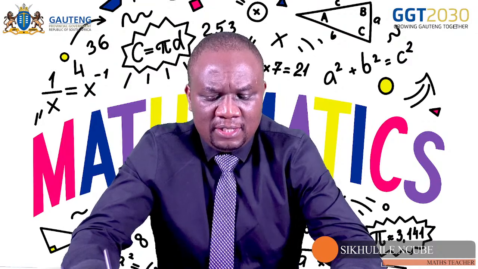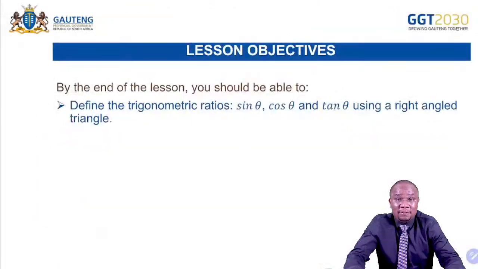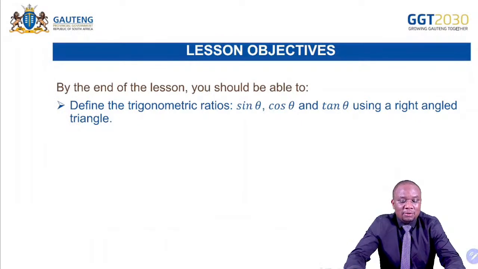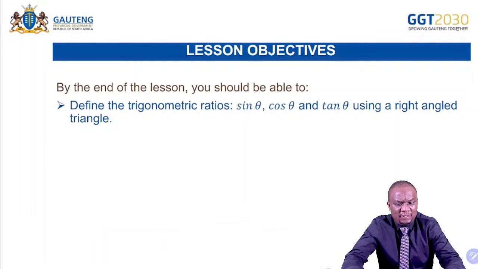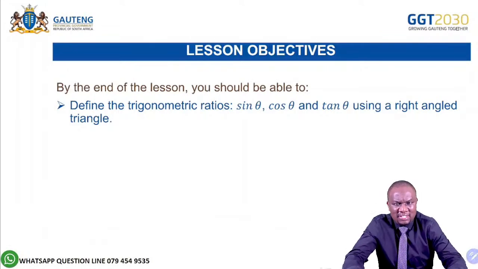Okay, right. Let's start our lesson. By the end of this lesson, grade 10s, we are going to define trigonometric ratios using a right-angled triangle. Do you remember what a right-angled triangle is? Don't worry, I'm going to remind you.